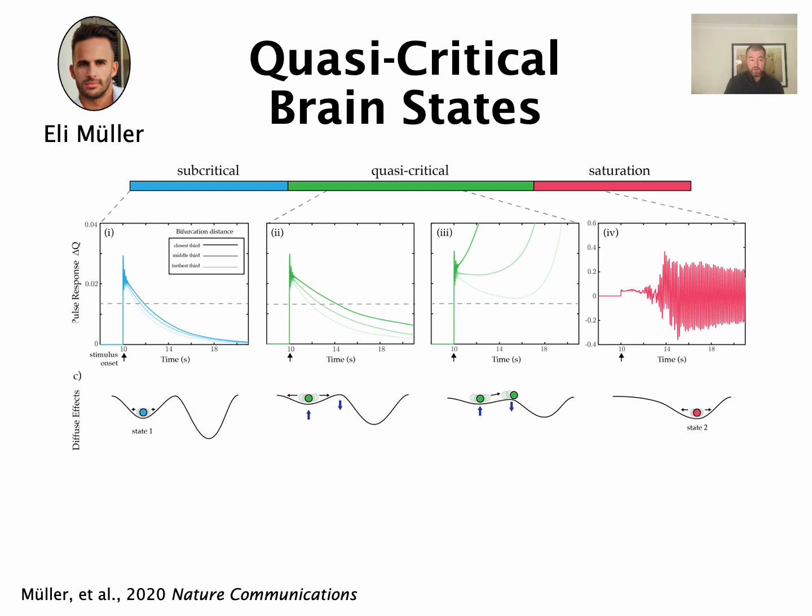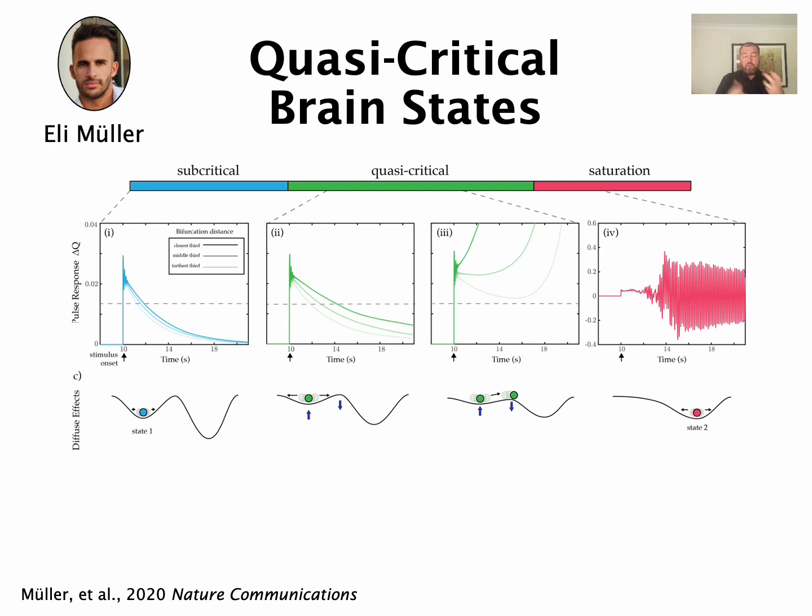To cut a very long story short, what Eli was able to show was that as you increase the diffuse coupling in the system, as you increase the influence of something like the locus coeruleus, what you effectively do is flatten out the energy landscape of the potential states that the brain could reach. If the value is really low, you're stuck doing whatever it is that you're doing. As you increase the diffuse coupling, all of a sudden the potential options are available for you to move around that state space into really novel configurations.